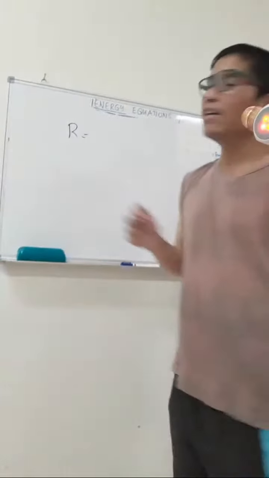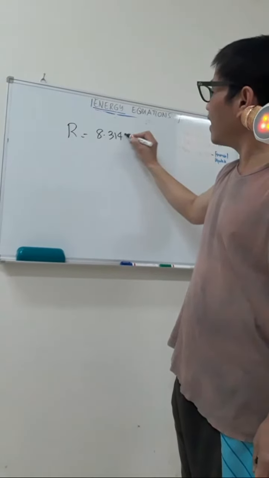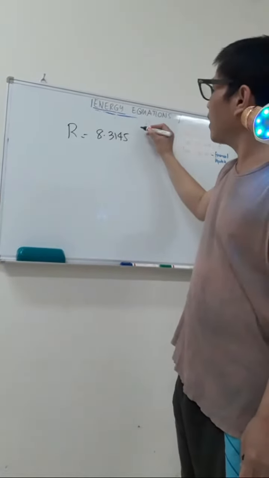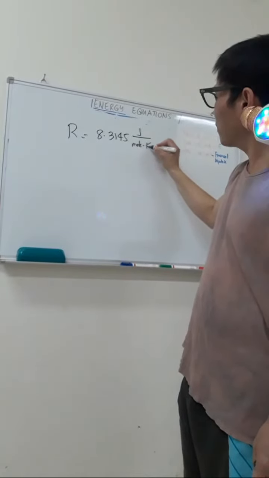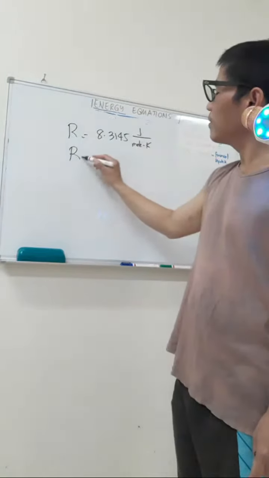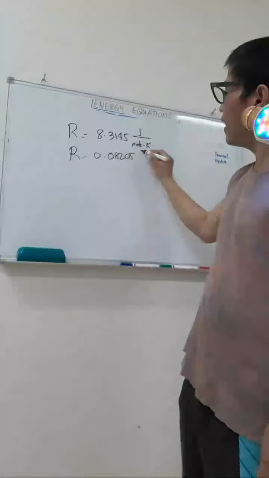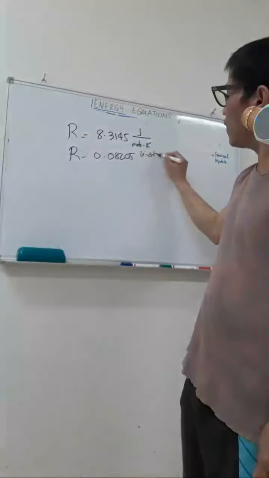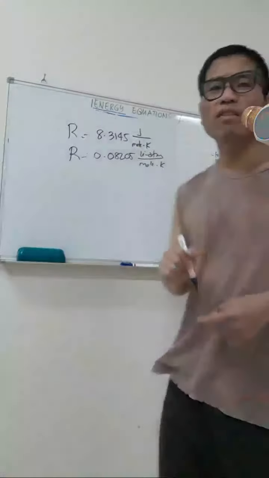Never mind. So R is equal to 8.3145 joules per mole Kelvin. Another unit: capital R is 0.08205 liter atmosphere per mole Kelvin.